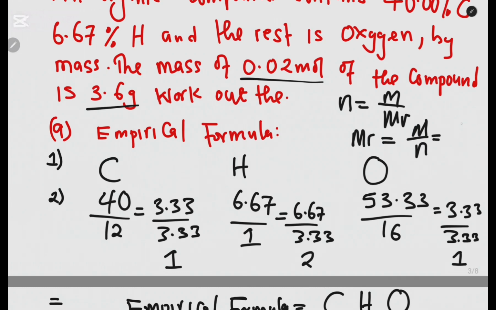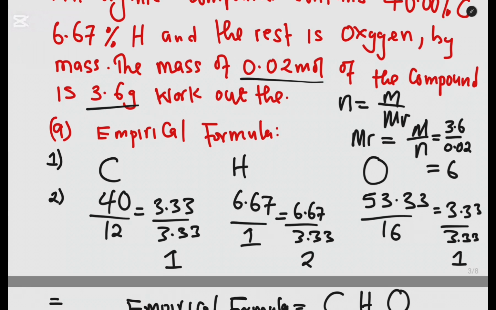So in this case, we divide the mass, 3.6, by 0.02. What is the answer that is going to give us? It should give us 6.